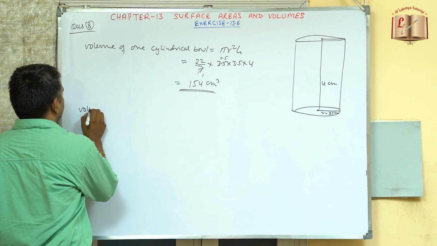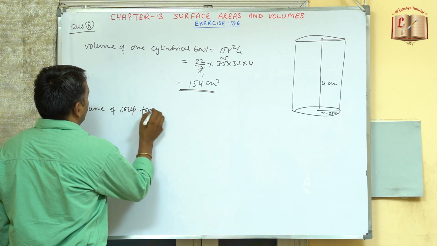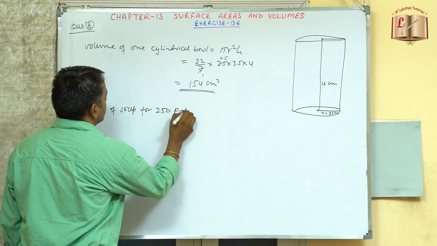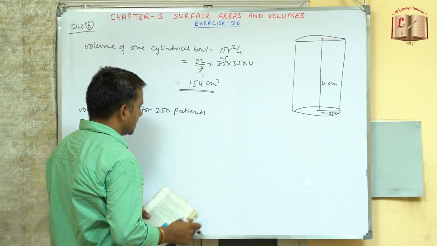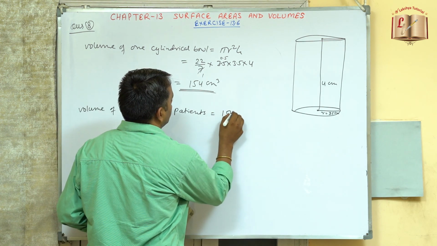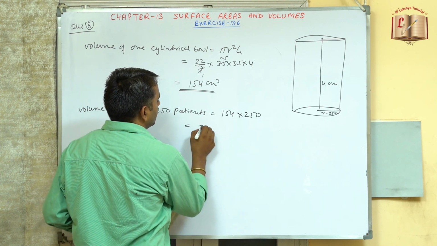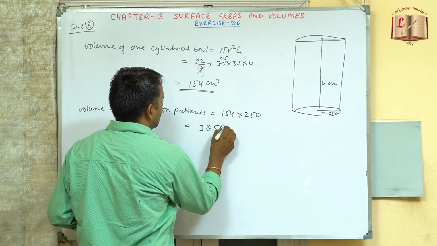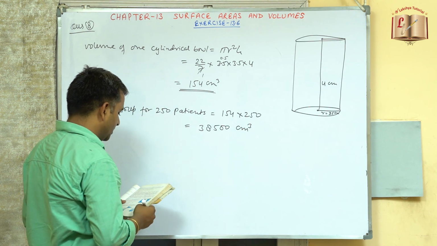Now the volume of soup for 250 patients will be 154 into 250, which is 38500 centimeter cube. So this will be the volume.